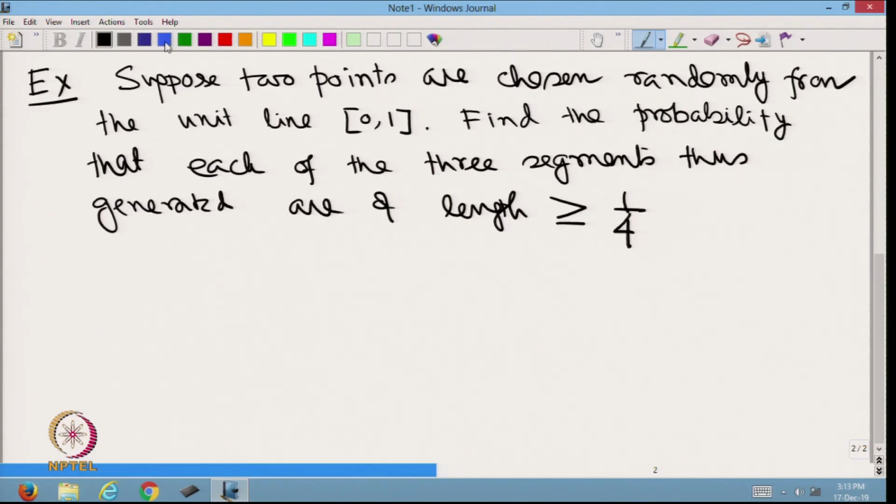So, let us first explain the problem. Suppose on the real line this is the interval 0 to 1, we need to randomly put 2 points. Suppose these are the 2 points, let me call them x and y.